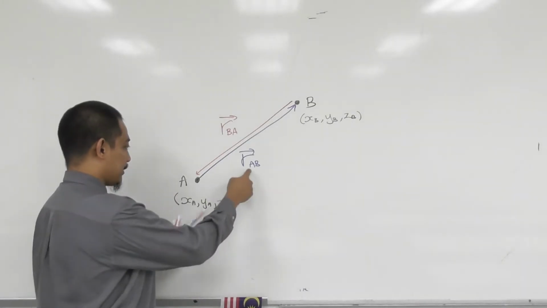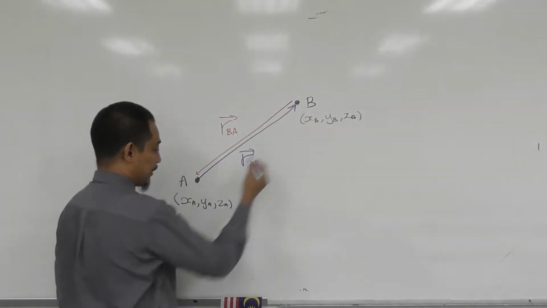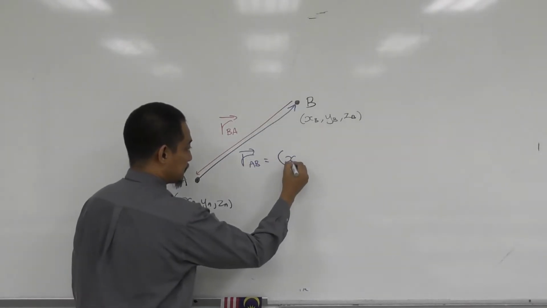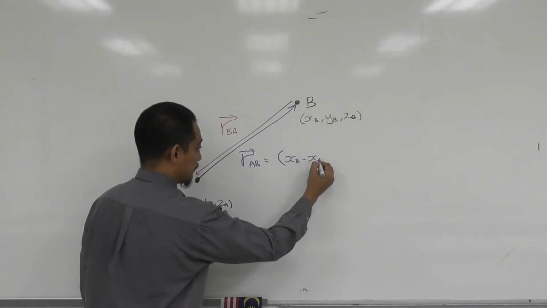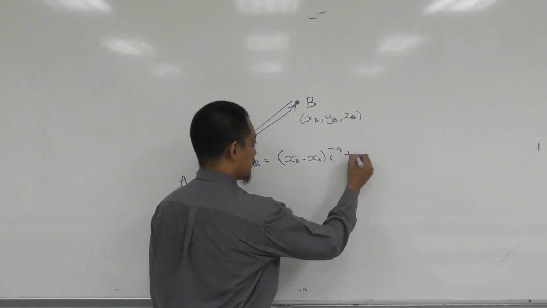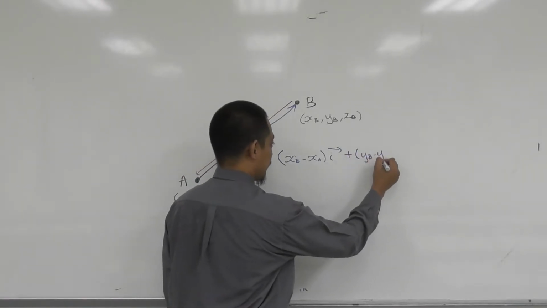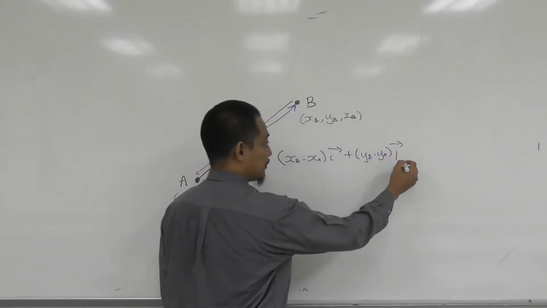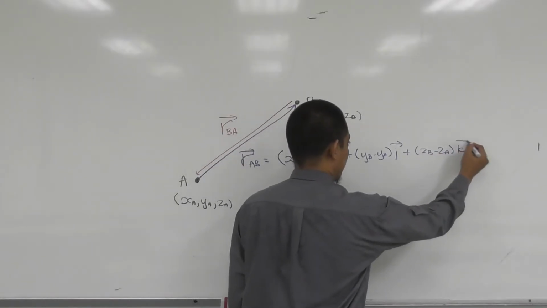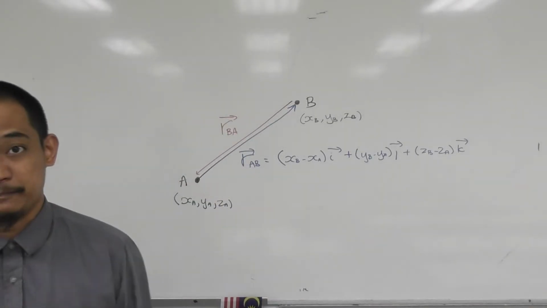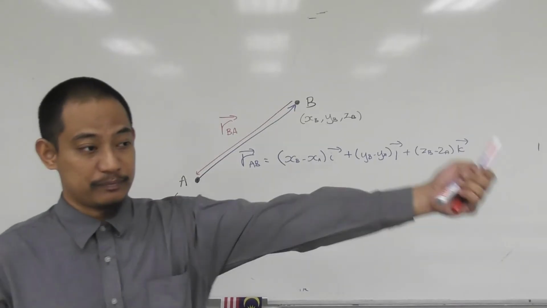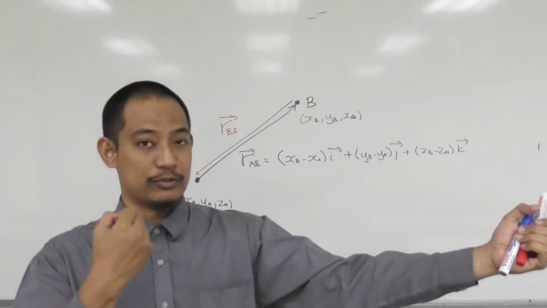For example, RAB is B minus A, so you get (XB minus XA) I plus (YB minus YA) J plus (ZB minus ZA) K. It's simple enough: the destination point, or end point, minus the original point.